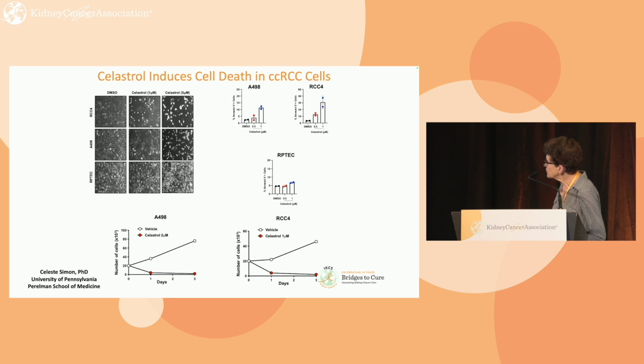So once again, if we treat the cells with cholesterol, this absolutely mimics loss of HSD3B7, and we can observe this in multiple renal cancer cell lines, as shown here. Of note, the normal renal epithelial cell counterparts, and we looked at several different types, are essentially resistant, but the cells that are dependent on HSD3B7, specifically the renal cancer cells, undergo cell death when treated with relatively low levels of cholesterol.